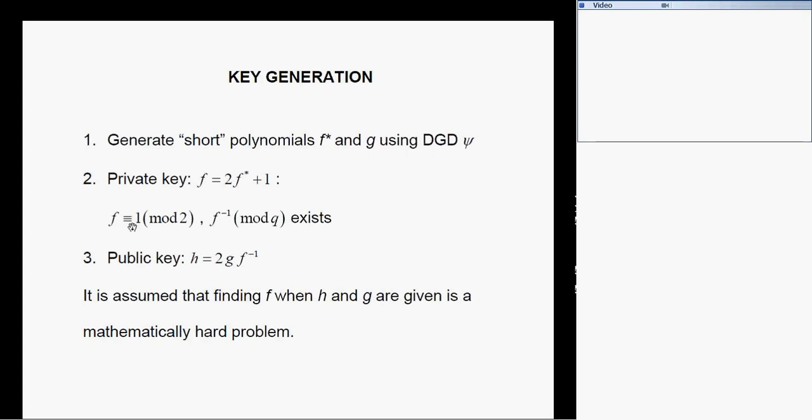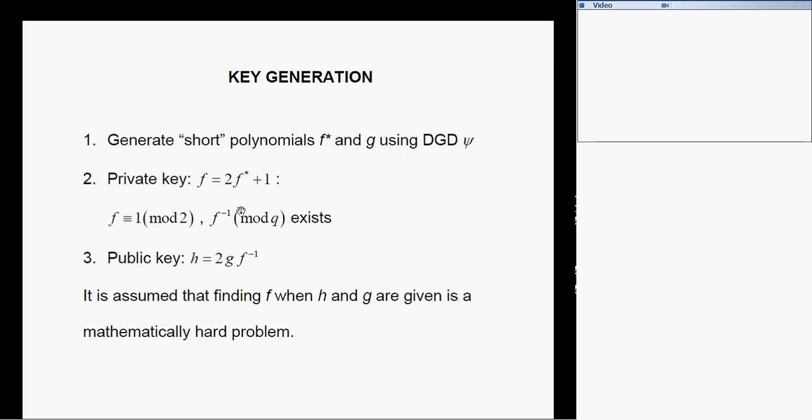And actually, that is how the decryption itself works. Another very important requirement for the key polynomial f is that its multiplicative inverse modulo q does exist.